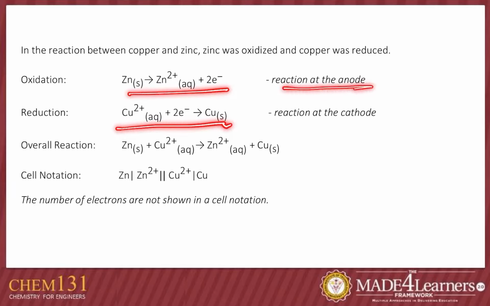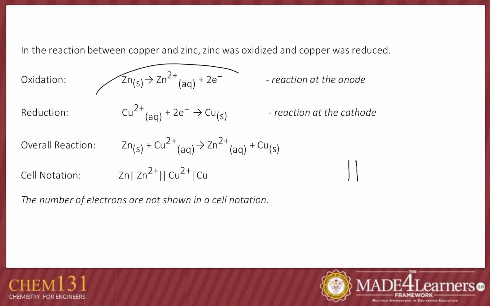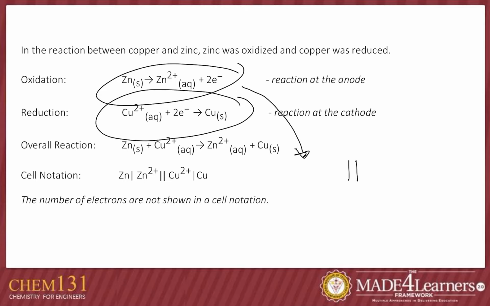This is the reaction at the anode, and this is the reaction at the cathode. We start with the double vertical line to represent the salt bridge. The reaction at the anode goes on the left side, and the reduction goes on the right side.